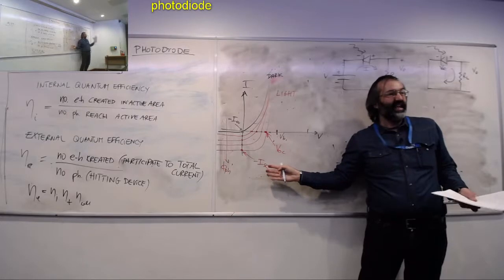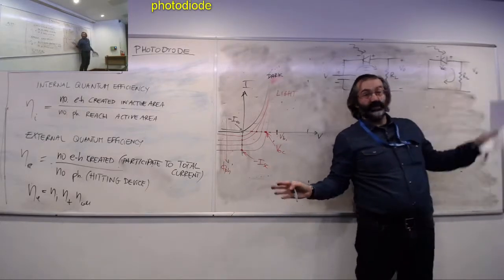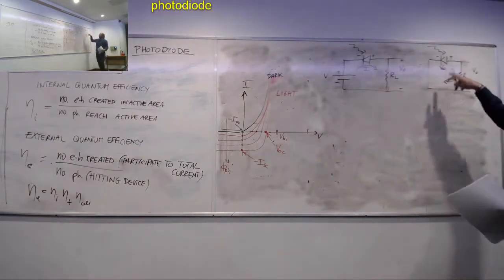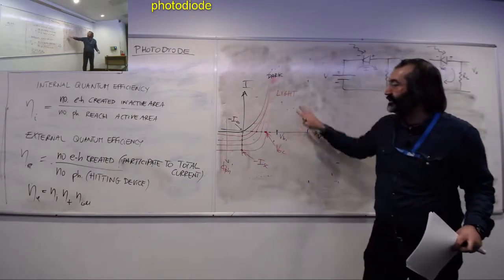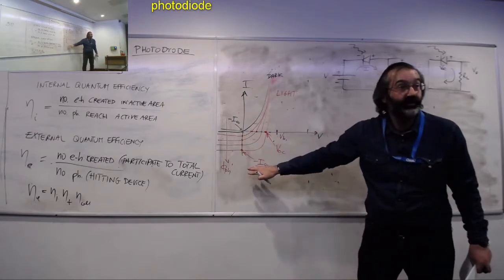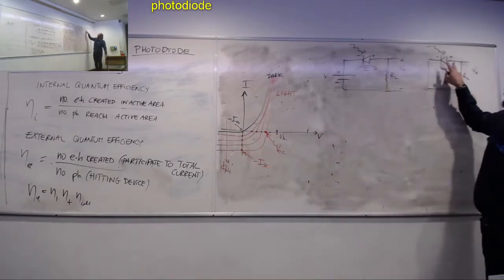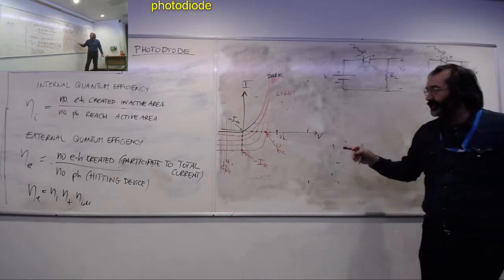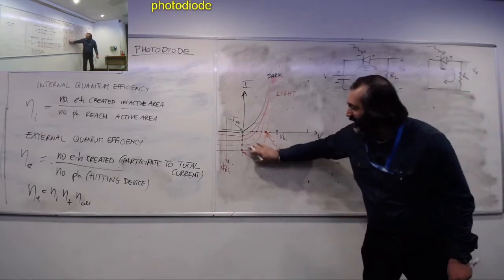Or if I wanted to map the current flowing here on the IV characteristic of the junction, I need to look at the negative side. So V is positive, but the current is flowing in the negative direction of the junction. So I'm looking at this side now.